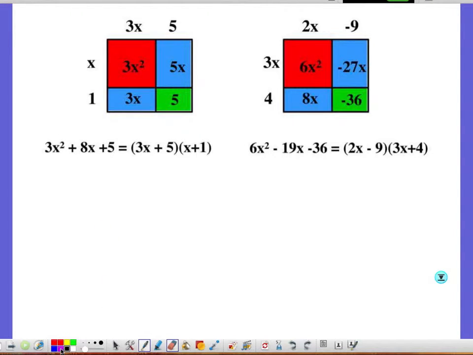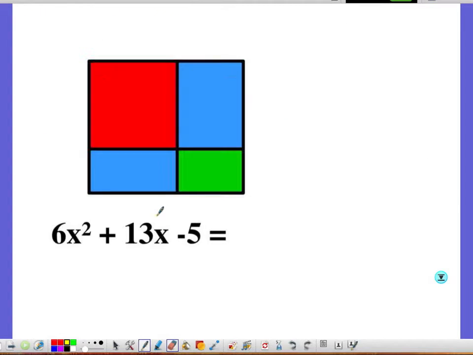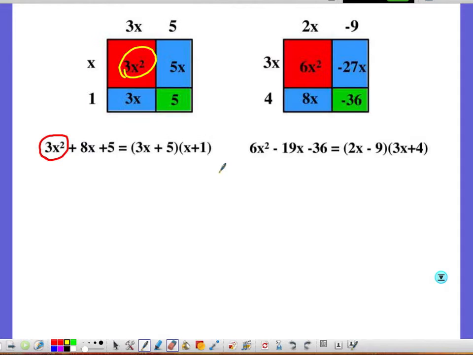So take a look at these. And notice that we always take this 3x squared and we put it into the first red box. And so we can go ahead and do that. So this is going to be 6x squared.